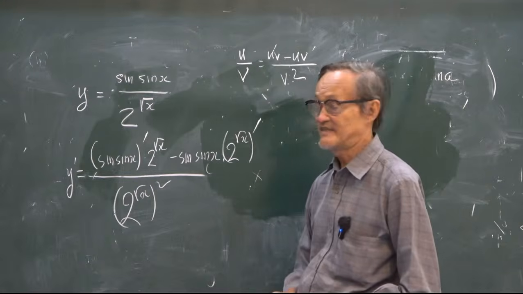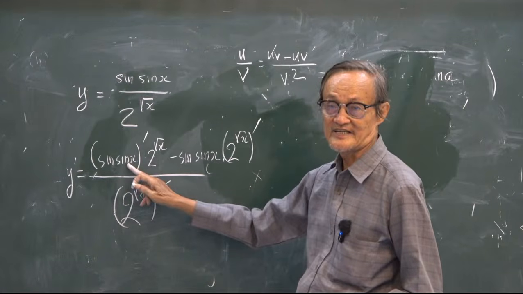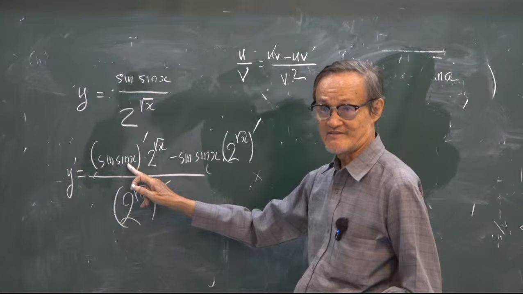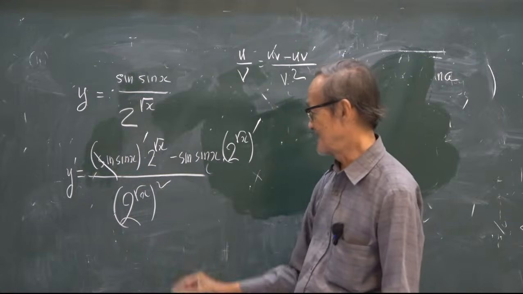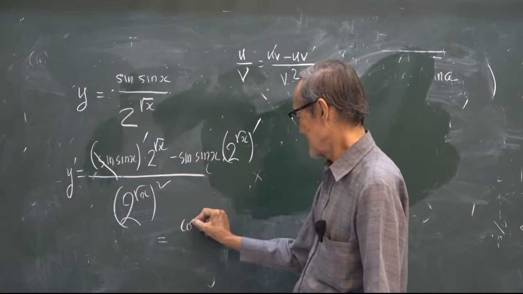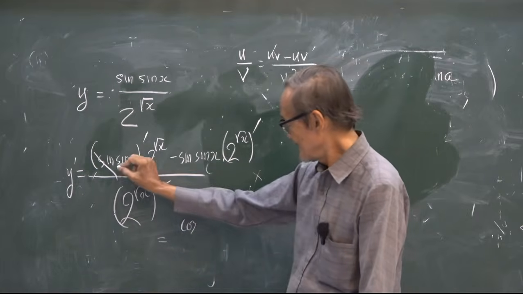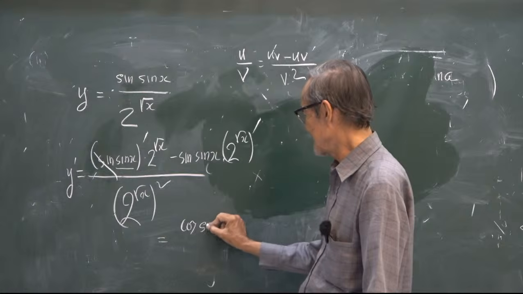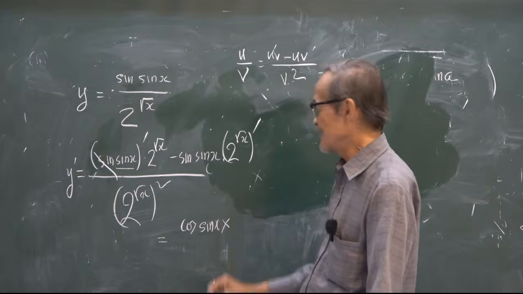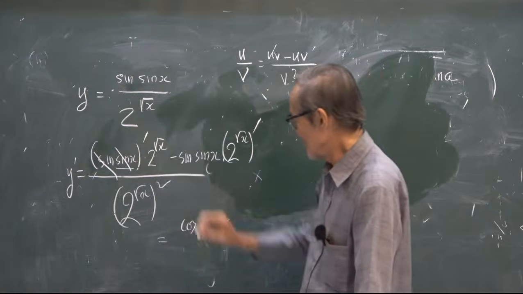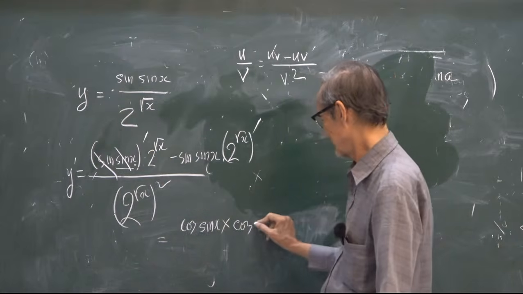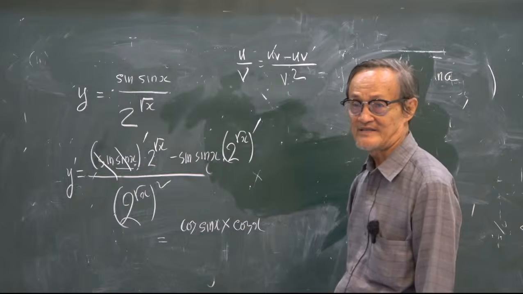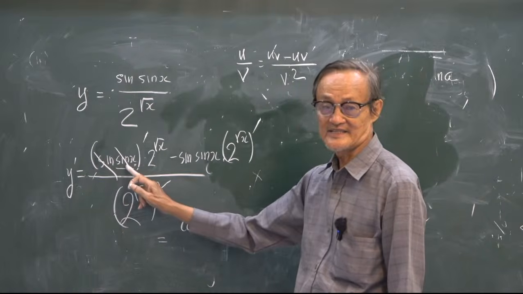And now we have a function of a function. We take the derivative from the outer function: cos u, inwards, cos x. Okay, first, second.